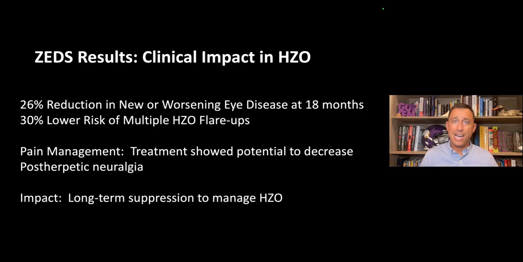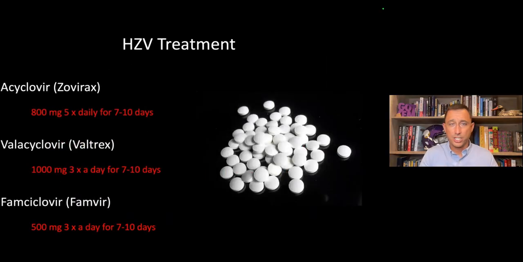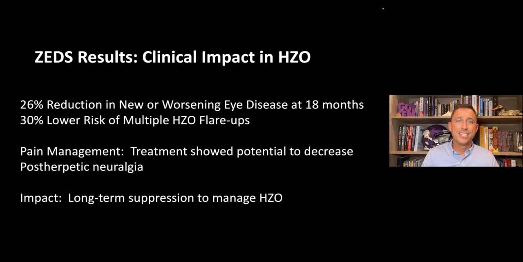Now in my mind, when I think of a patient that has HZO or comes in with herpes zoster, I quite often, and will going forward probably, leave them on a prophylactic dose of Valtrex, which is typically my go-to because it's so well tolerated, and this really comes from the Z study.